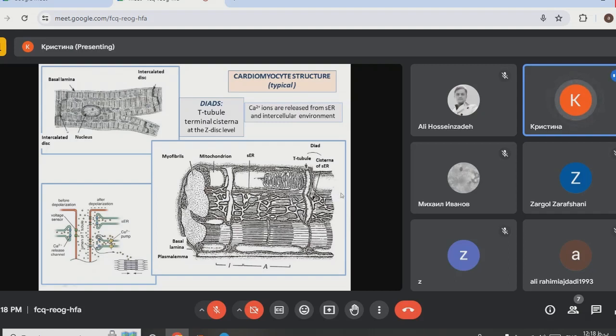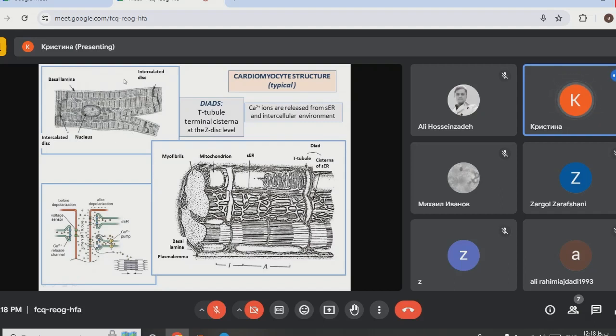The difference between the skeletal and cardiac muscle tissue is also seen here in the structure of the myofibril in this picture. It has this shape like the number 8, because the section went through the area of the branching of the cardiomyocyte, like here. Here you can see that the myofibril branches into two parts because of the lateral anastomosis present in this cell.